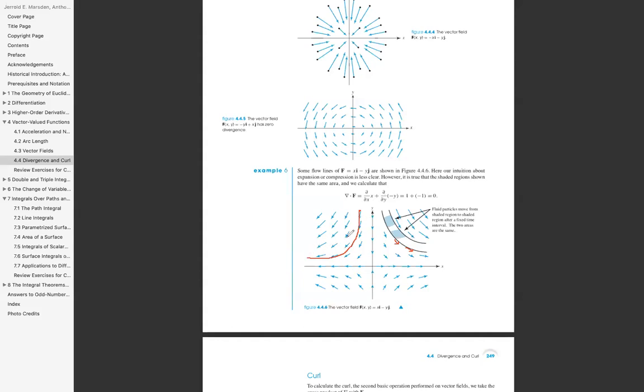And what's the expression for the flow line? Well, in this case, the capital F, imagine the vector field would be xi minus yj, equals x, minus y.